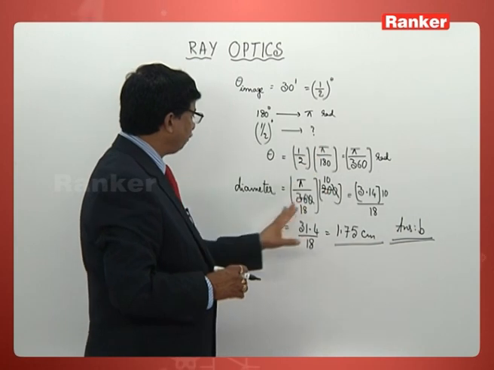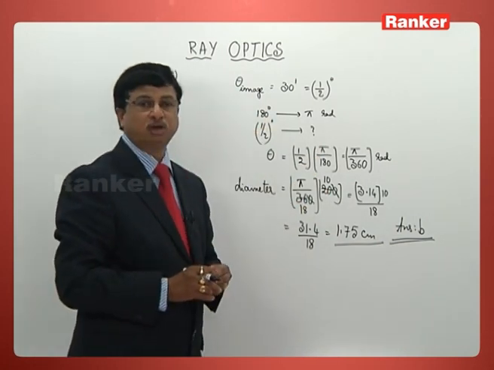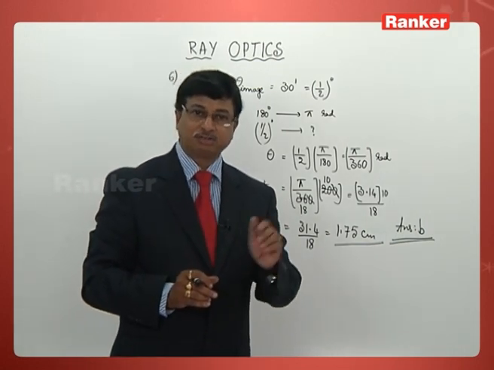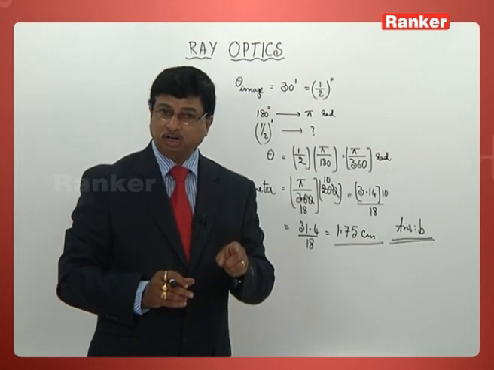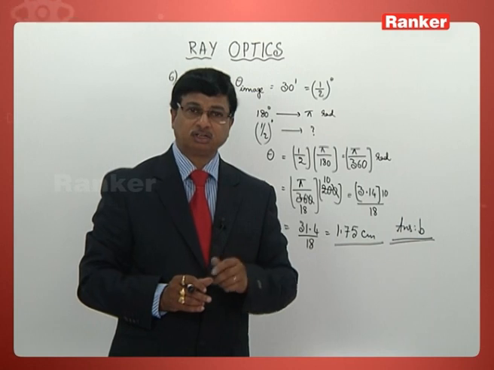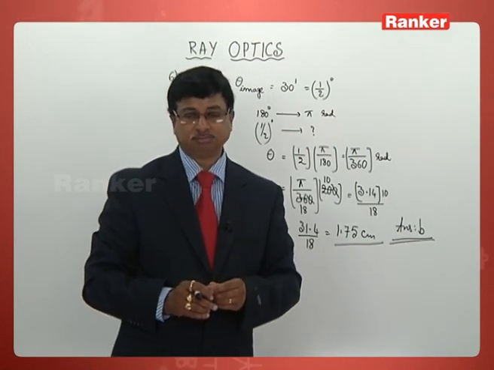The only thing you should understand from this calculation is, don't consider the value of angle directly in degrees or minutes or seconds. Convert it into radian and then you work it out. This is problem number 6 we have.